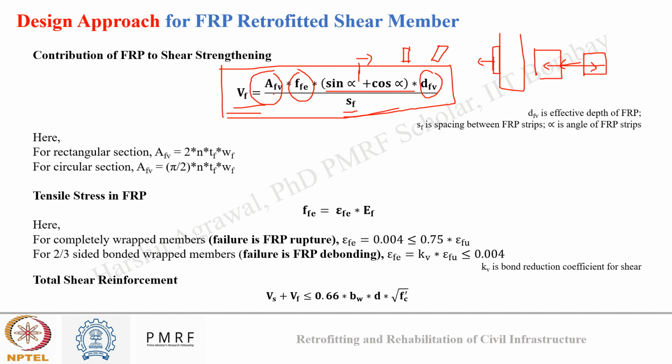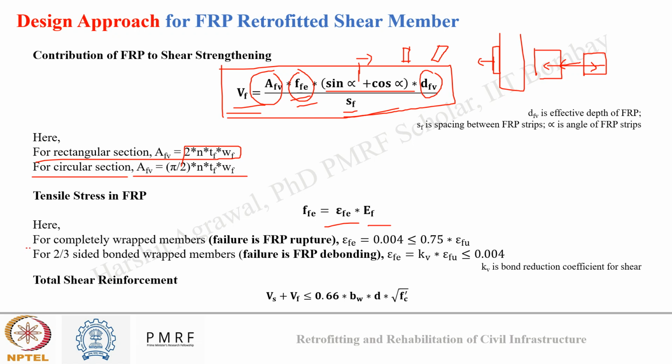For calculating the area of FRP, if it is a rectangular section, it will be given by 2 times N times TF times WF, and if it is a circular section, my AF will be given by this equation. This is very basic. Now the tensile stress in FRP is nothing but strain times the modulus of elasticity.